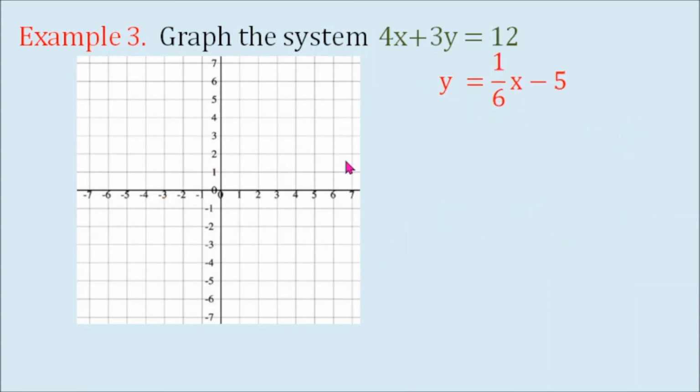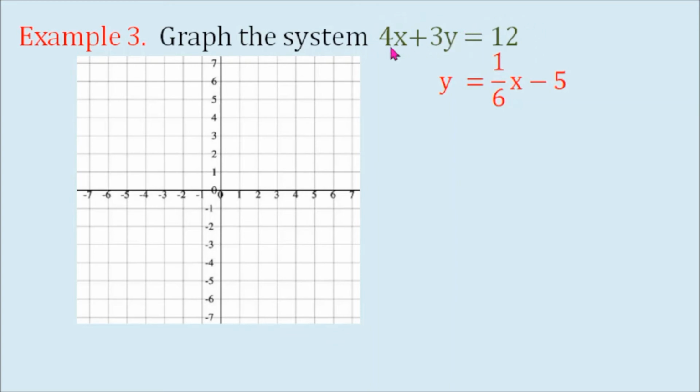Example number 3. Graph the system 4x plus 3y equals 12 and y equals 1 over 6x minus 5. So our first equation here is written in standard form. We can use the x and the y intercepts to graph this line.